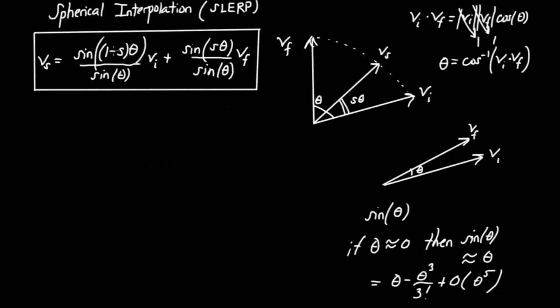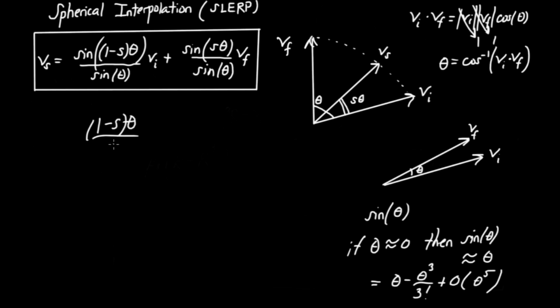So let's use that small angle approximation here. Certainly if theta is small, then 1 minus s times theta is going to be small, and s times theta is going to be small too, especially when you're in this range in between vi and vf, interpolating in between those two. So let's use the small angle approximation in this formula. The numerator, sine of 1 minus s times theta, is just going to be 1 minus s times theta.